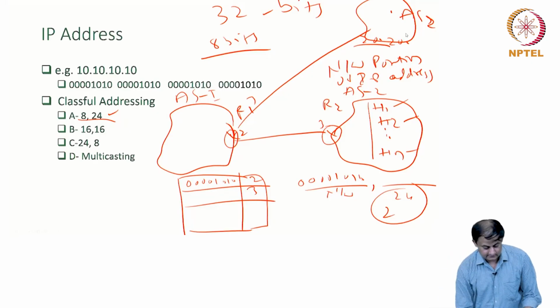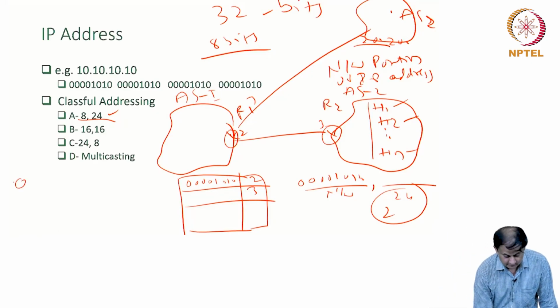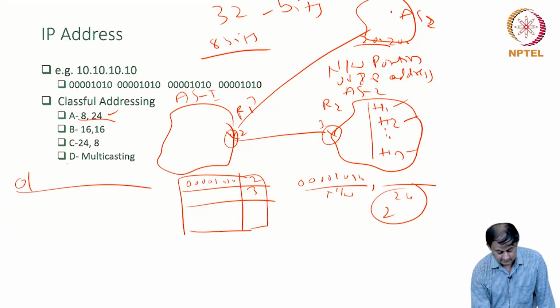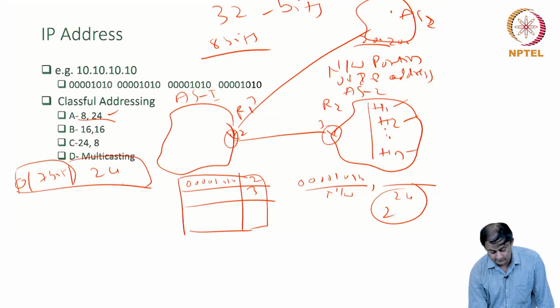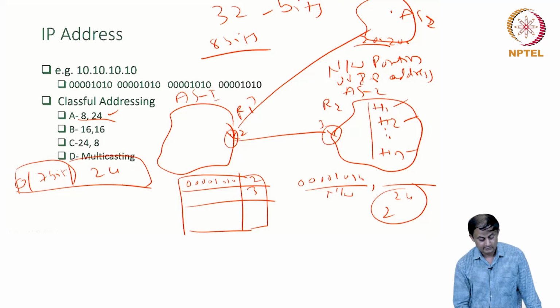The class A address is identified with a leading 0, and then the next 7 bits are varying; together with the 0 this is 8 bits, and the 24 bits are for the host component.